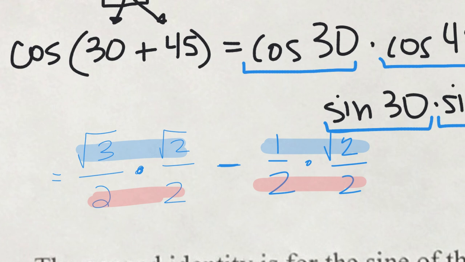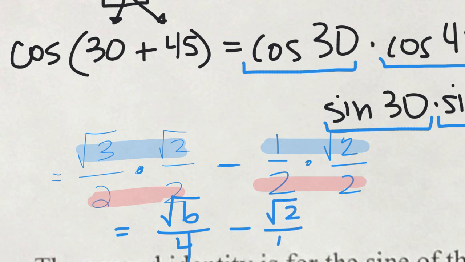So what, pray tell, is root 3 times root 2? Well, that's the square root of 6. And 2 times 2 is 4. And then minus 1 times root 2, which is root 2, divided by 2 times 2, which is 4.